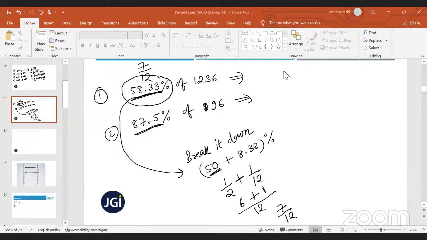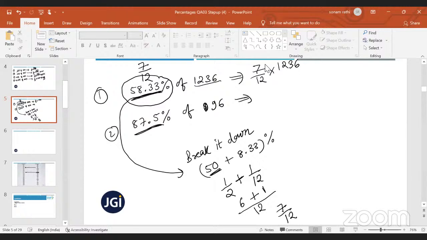Yes, so 58.33 is how much? 7 by 12, right? So now I can do 7 by 12 into 1236.